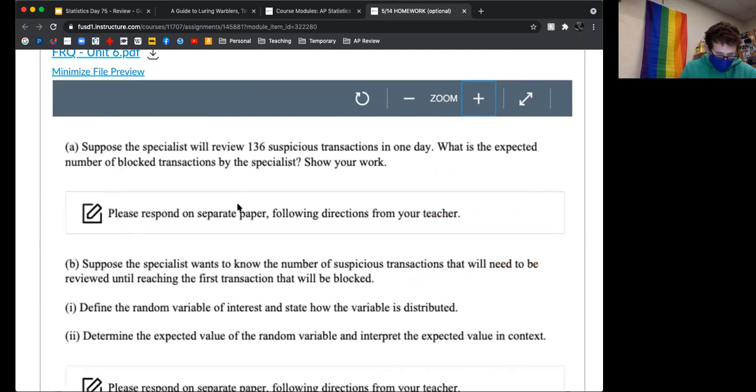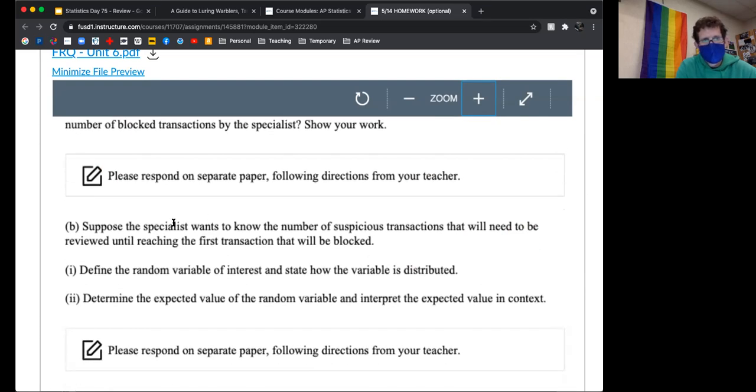All right, this is where it gets not more challenging, but where we just have to think through this. Suppose the specialist wants to know the number of suspicious transactions that need to be reviewed until reaching the first transaction that will be blocked. All right, anyone know what kind of problem this is? What kind of distribution we're looking at?